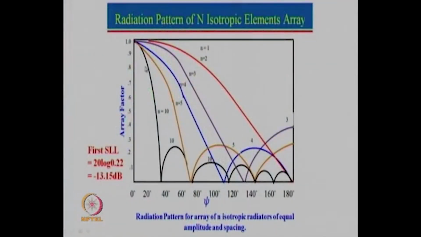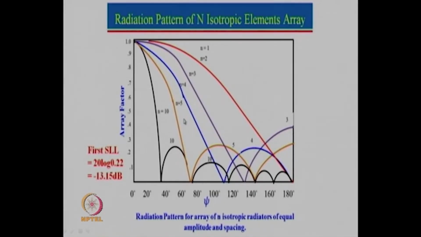So, we can see here that the array pattern is reducing down to a certain value, but there is a possibility that if we increase the psi value, for example, if psi increases beyond 180 degrees, it goes from 0 to 180 and then becomes 360 degrees. At psi equal to 360, again the radiation will be maximum.